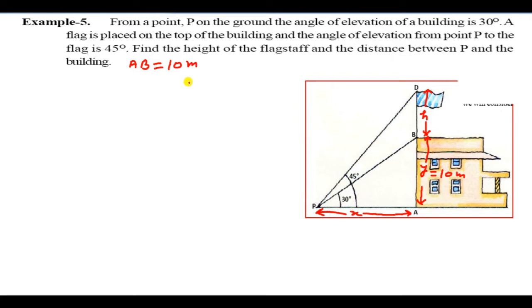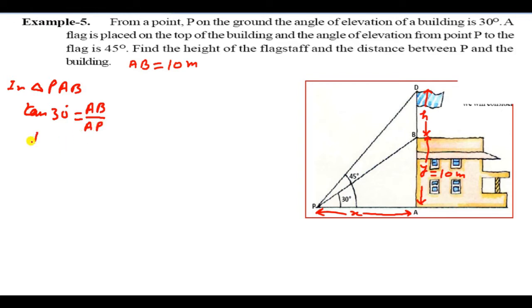AB is given as 10 meters. So in triangle PAB, what will happen? Here is tan 30. Tan 30 degree is equal to AB, that is perpendicular, upon AP, that is base.